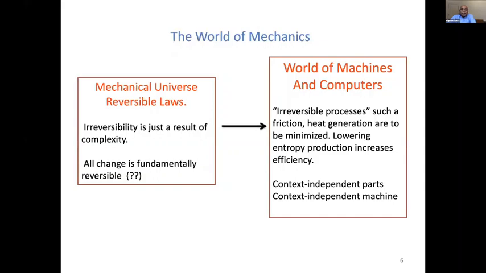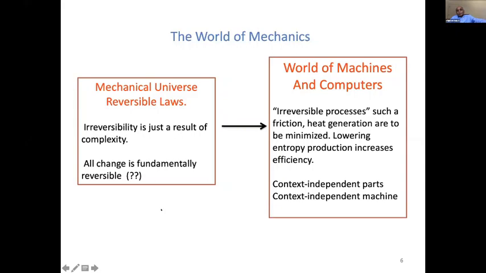I contend that this world of mechanics gave us machines. It is a world in which reversibility is fundamental. So we built machines based on this science that mechanics has given us. Mechanics says the irreversibility is just a question of complexity and probability and so on.